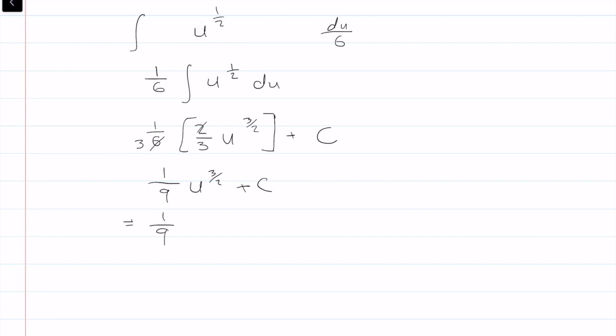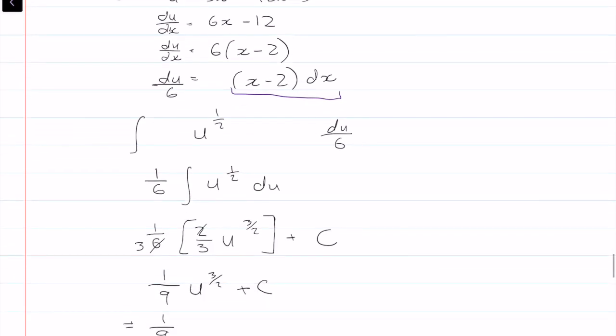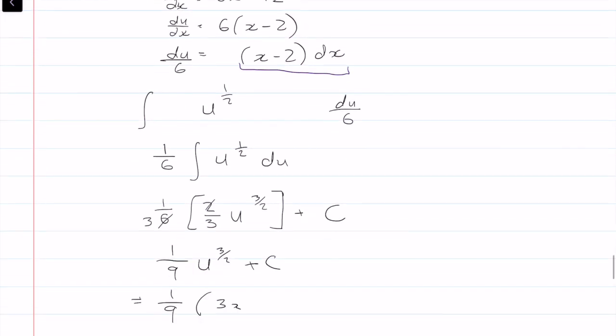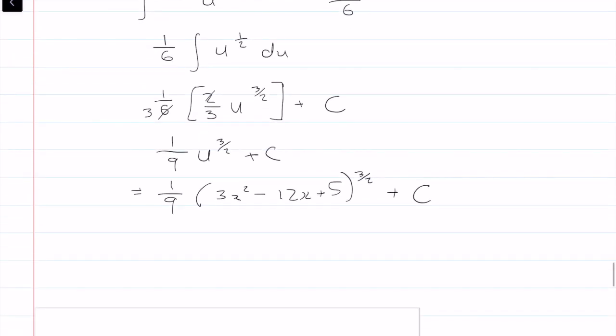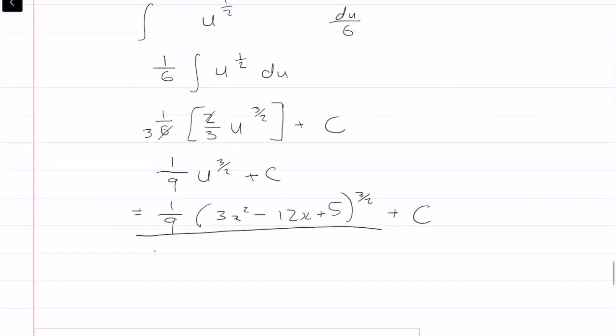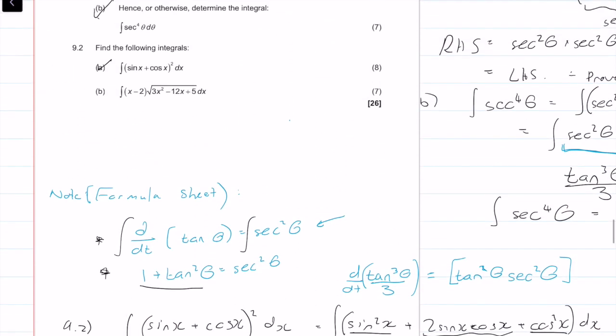Then we replace u with our substitution, which is 3x² − 12x + 5, to the power of 3/2, and we're still left with our integrating constant. That is the final answer, and we get a nice 7 marks for that question as well.